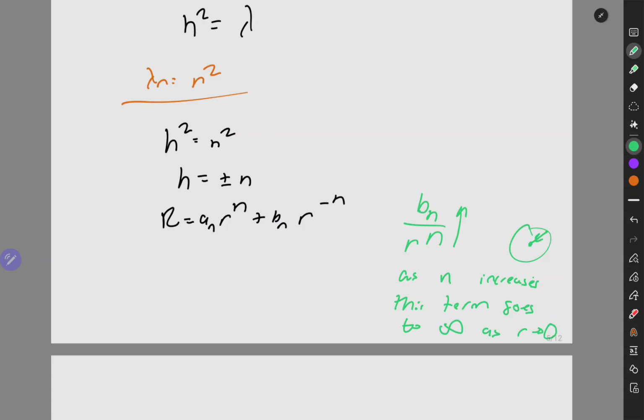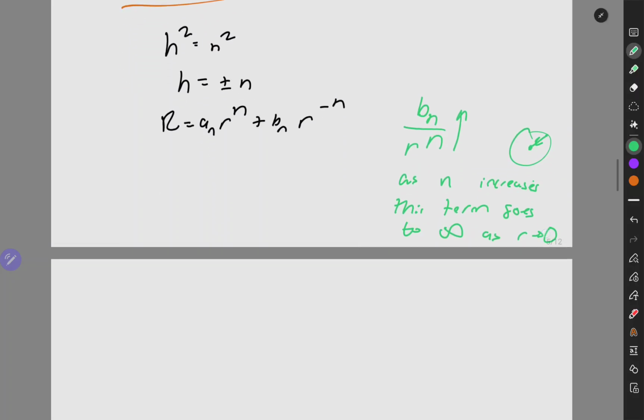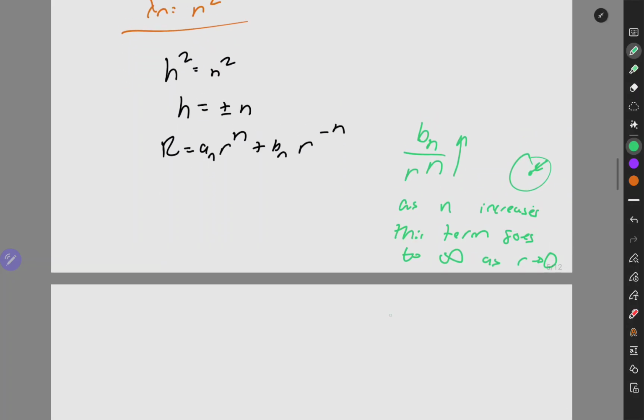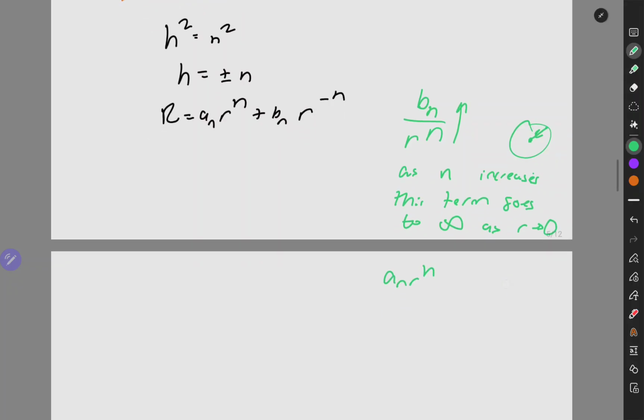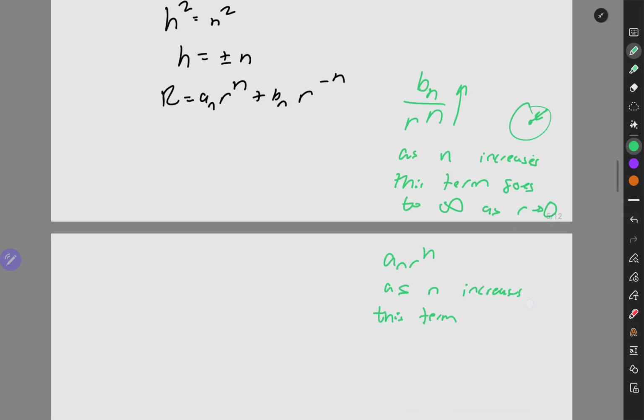But now let's look at the other term quickly. As n increases, this term goes to infinity as r increases, as r goes to infinity.